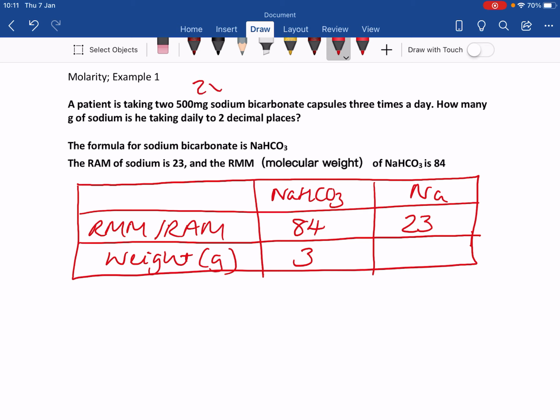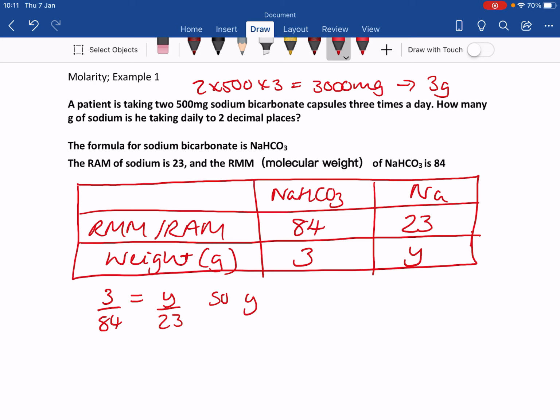So you still need to perform that part of the equation. So 2 by 500 times 3 equals 3,000 milligrams, and convert to grams is 3 grams. So our unknown we will call y. So 3 over 84 would be equal to y over 23.